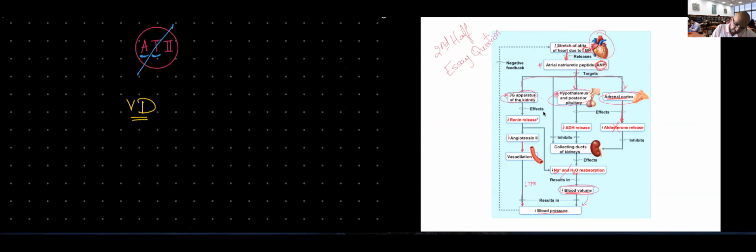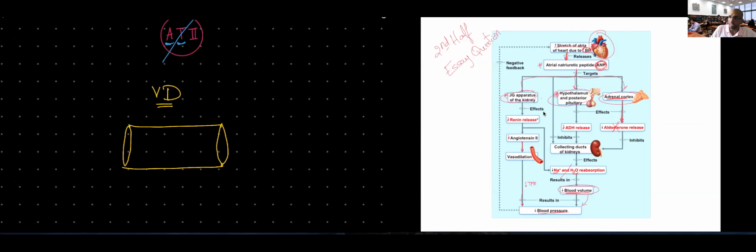And remember, the 3 major factors that will affect the mean arterial pressure or my blood pressure were the cardiac output, the amount of blood that I pump from each ventricle per minute, and the resistance applied by the arterioles, which is what we've called the total peripheral resistance.